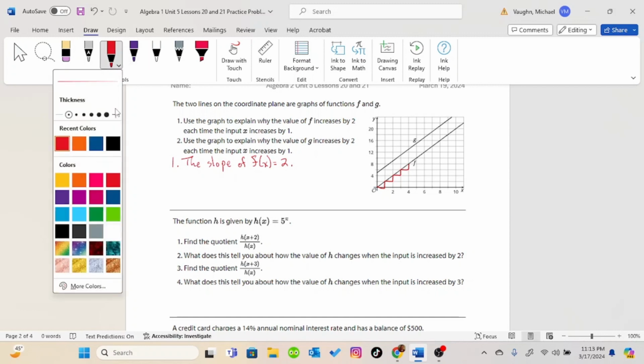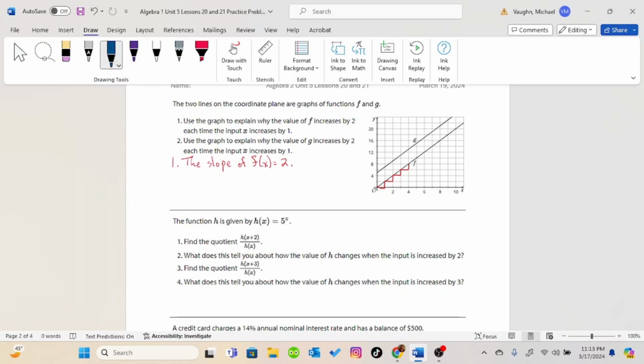Number 2, use the graph to explain why the value of g increases by 2 each time the input x increases by 1. Well, you can see that f and g are parallel lines.